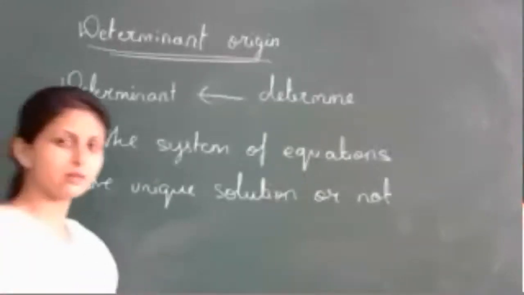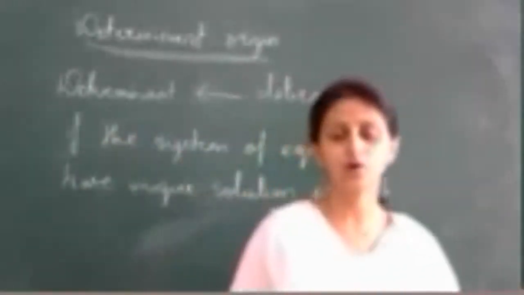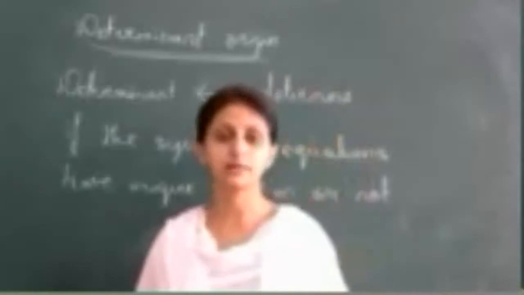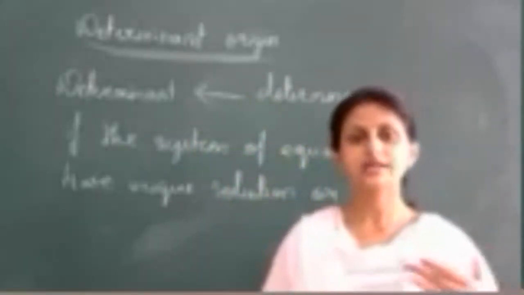So before doing all the mathematical concepts about determinants, means how to find the determinants of matrices of various orders, first let us understand what purpose this determinant has, students. So what does it determine? It determines if the system of equations has a unique solution or not.